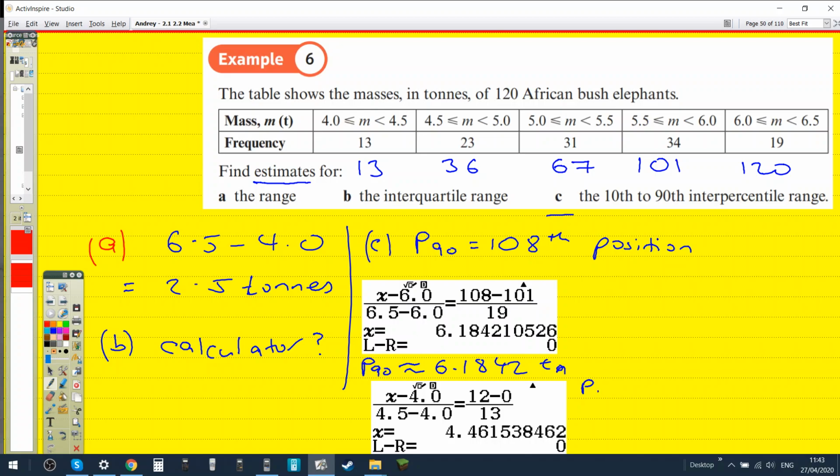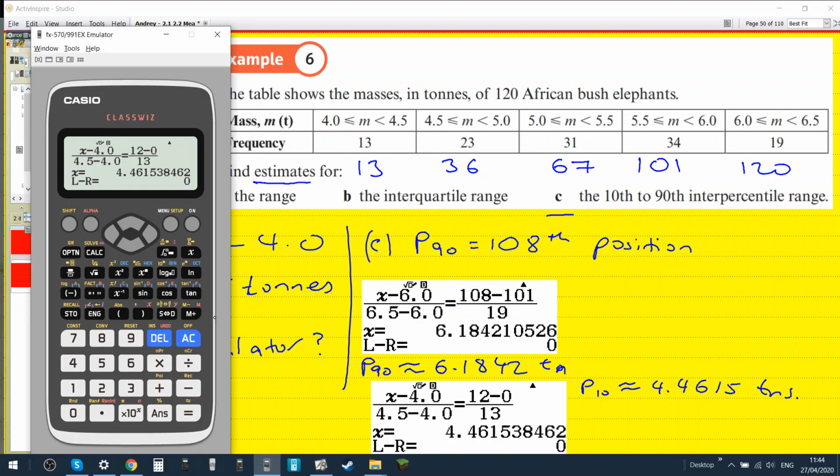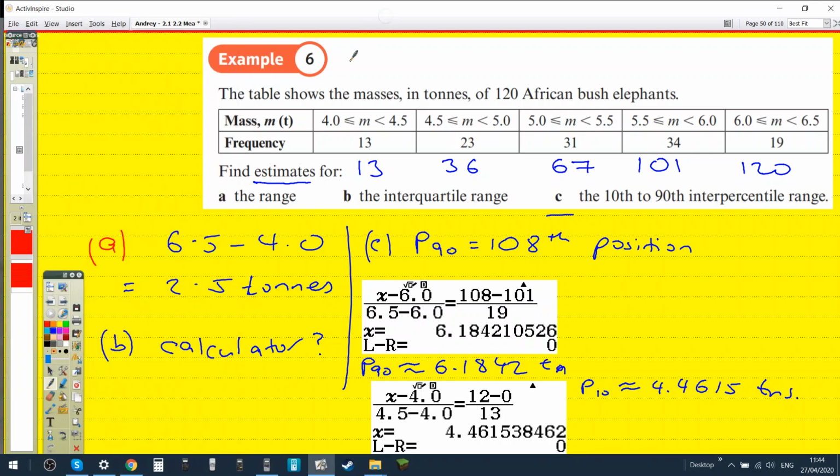And so if I subtract those from each other, let's say to 3 sig fig.